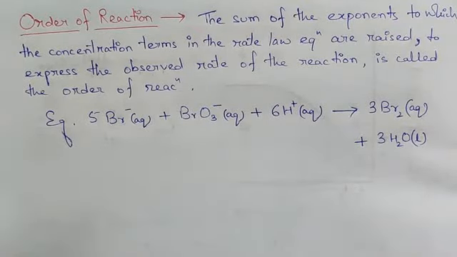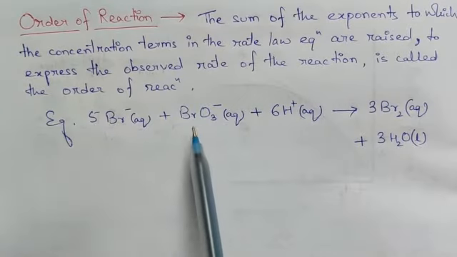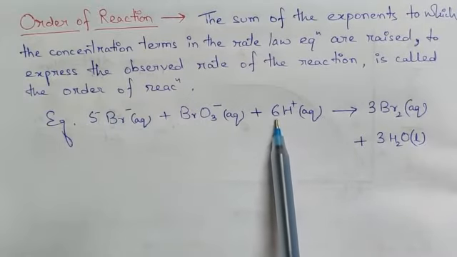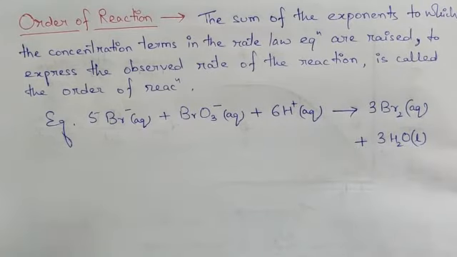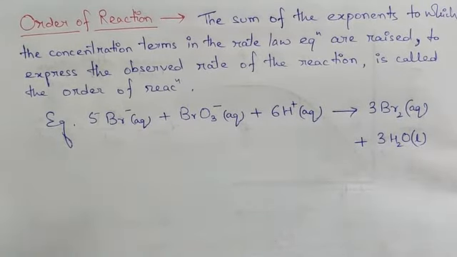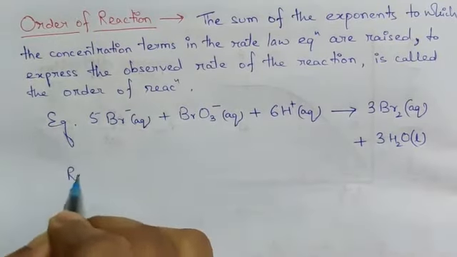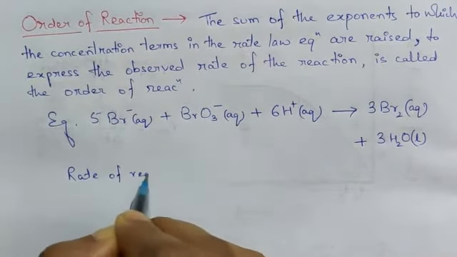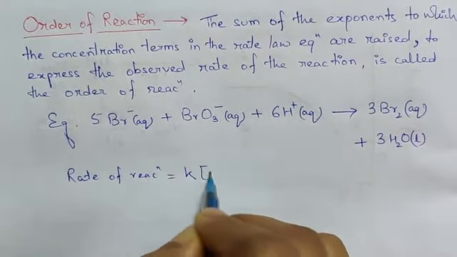Look at this equation. Here you can see that after theoretical balancing, the number of bromide ions is 5, the number of bromate ions is 1, the number of H plus ions is 6, and different amounts of bromine and water are formed. But experimentally it is observed that the rate law for this equation is different. So the experimental rate of reaction is the rate constant times the concentrations.